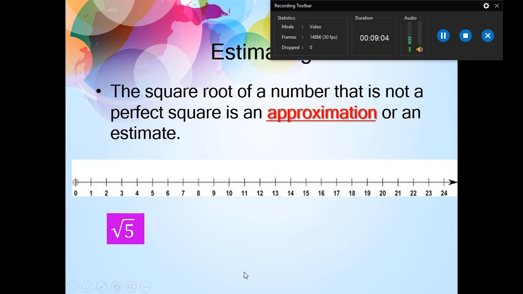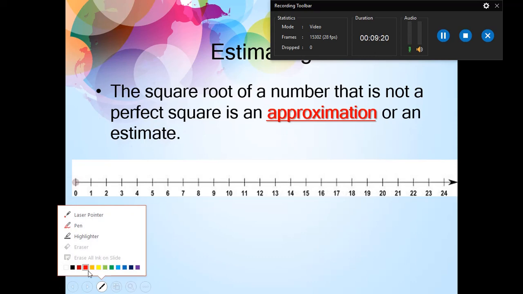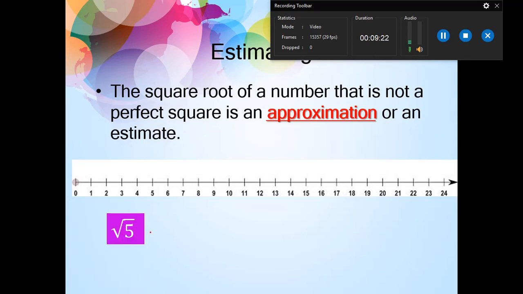If I have the square root of 5, I can put that into the calculator or the iPad. Now your iPad's going to return square root of 5, so you might have to hold down the enter button and slide your finger up to the equivalence. But this value equals 2.236.